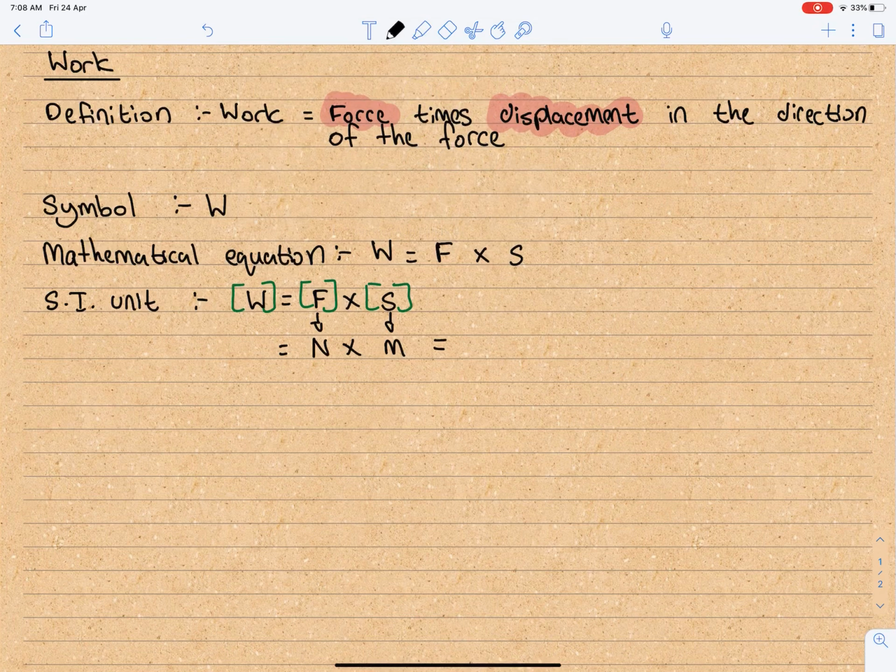So the SI unit for work is Newton meter. The special unit for work is joule, J. So 1 Newton meter is equivalent to 1 joule.